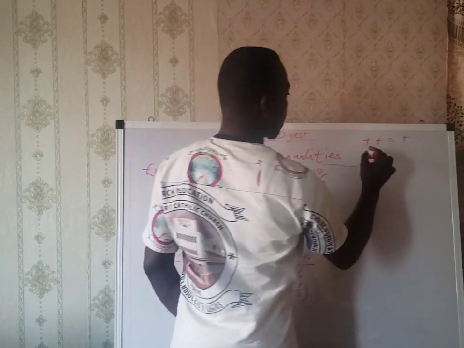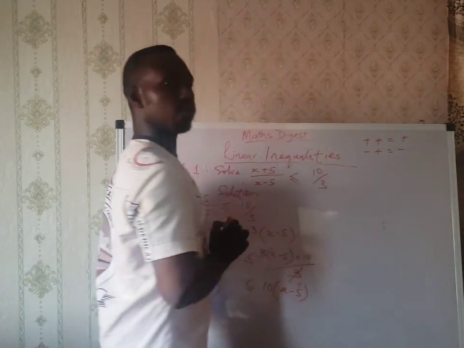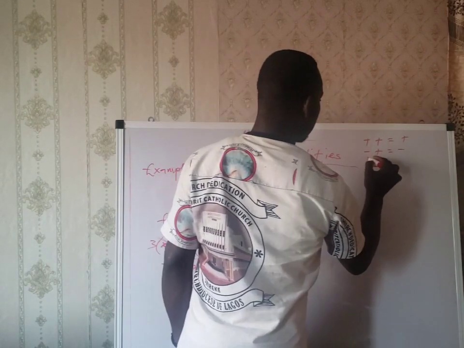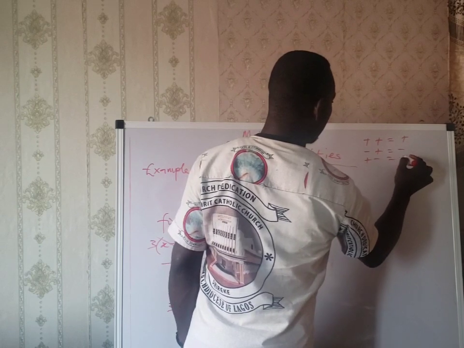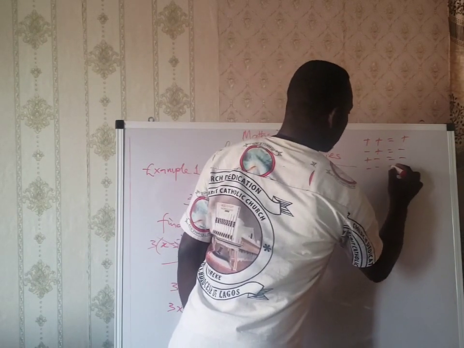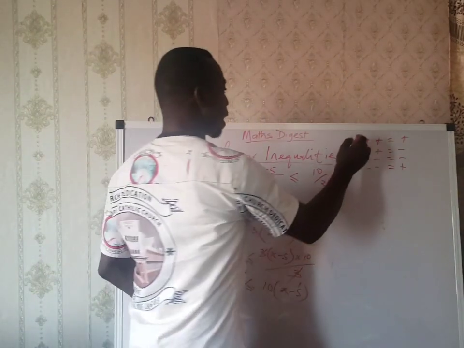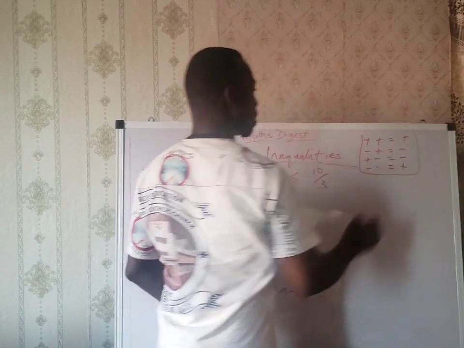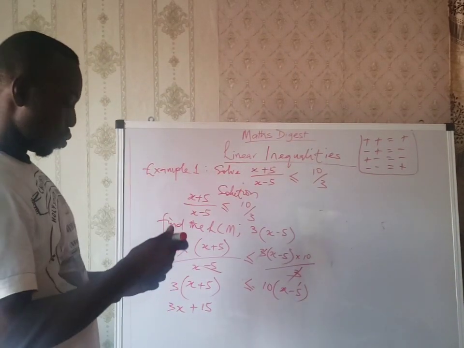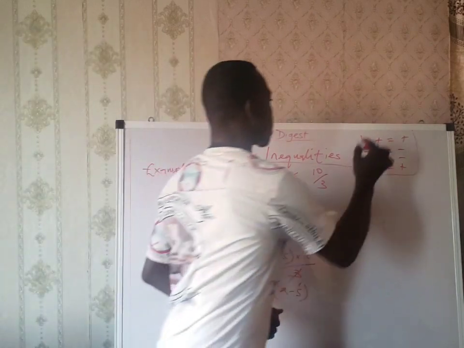Negative by positive will give you negative. Positive by negative will give you negative. But negative by negative will give you positive. Please take this as a key. You will be meeting it in mathematics.